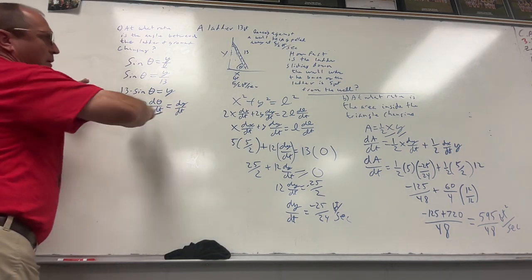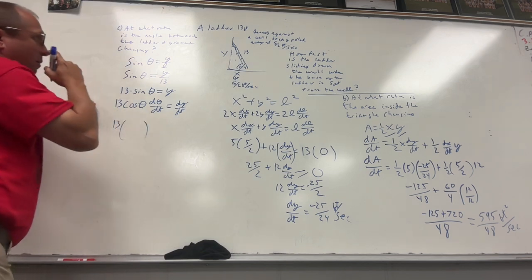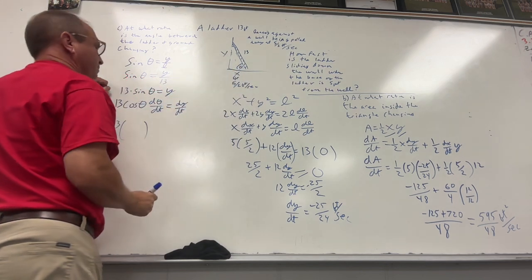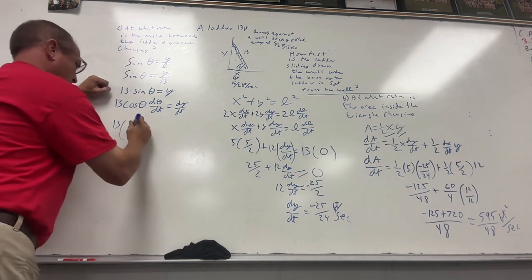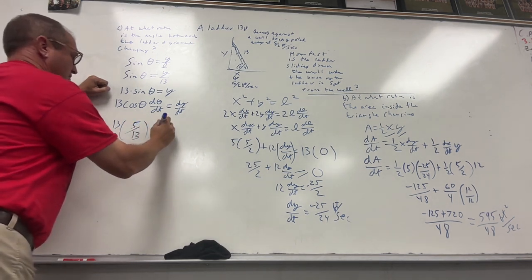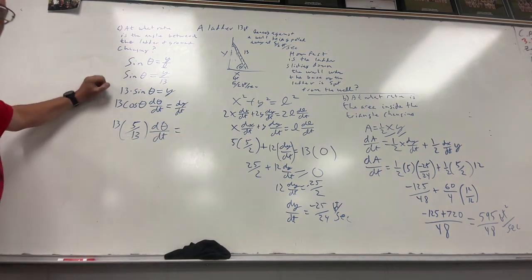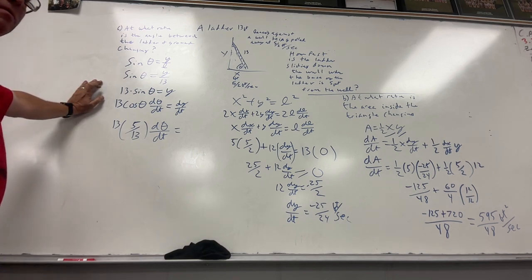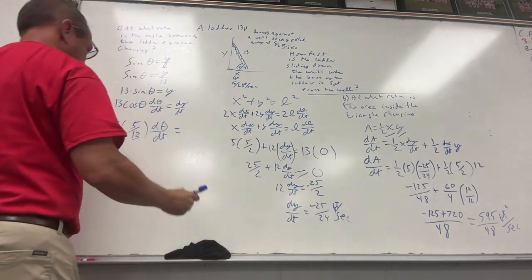Now we've taken the derivative. Now we can plug in the specifics for this situation. So I've got 13 times. Now, what is the cosine of theta at this point when this is 5? 5 over 13. And again, d theta dt is what we are looking for. And dy dt is what? Negative 25. It's still negative 25 over 24, right? Okay.